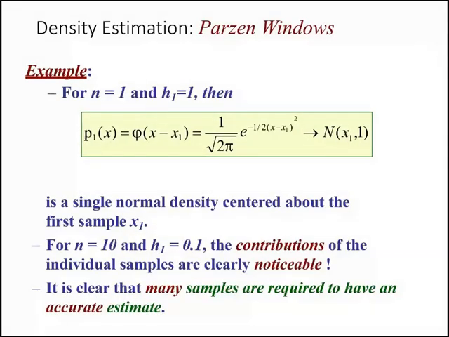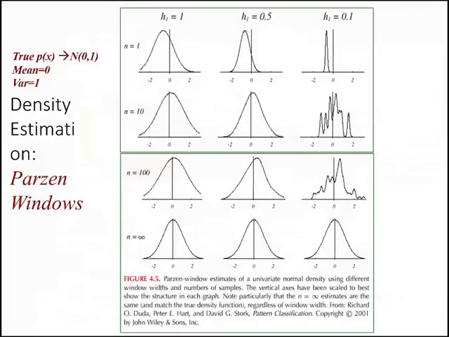Now here, if I have only one sample and h, that is the window width, is 1, then see what happens. Since my true distribution is 0, 1, that means it is centered at 0.